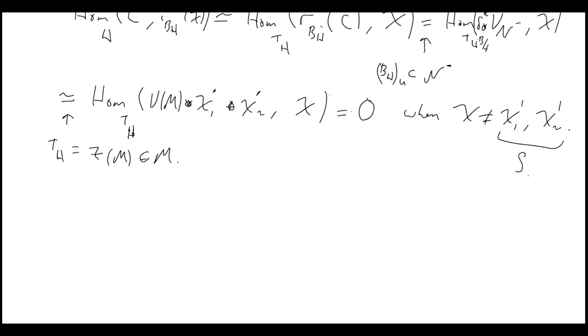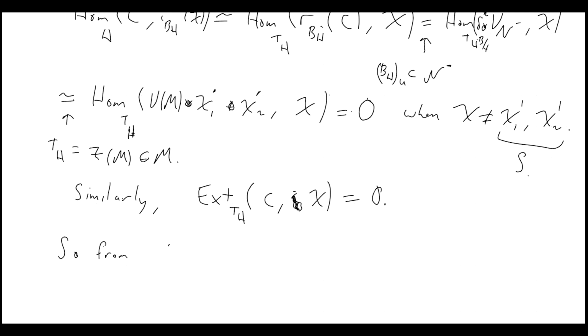So in our long exact sequence, the Hom term associated to C is 0, as long as we're outside of this finite set of two elements. Similarly, the associated Ext term is also going to be 0.